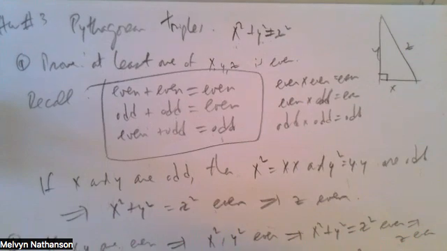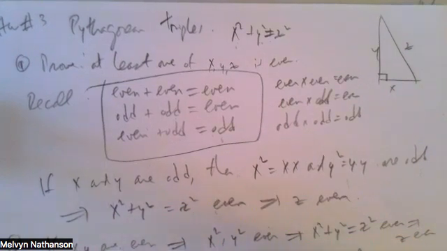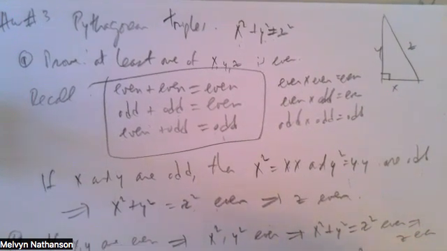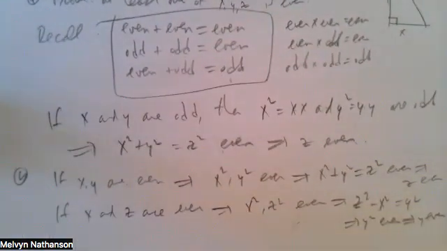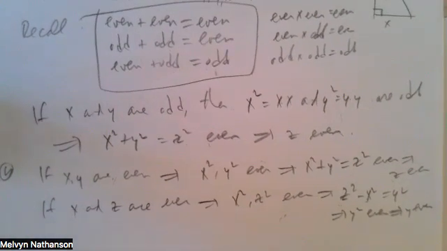So y squared is even. So y is even. So if two are even, all three are even.